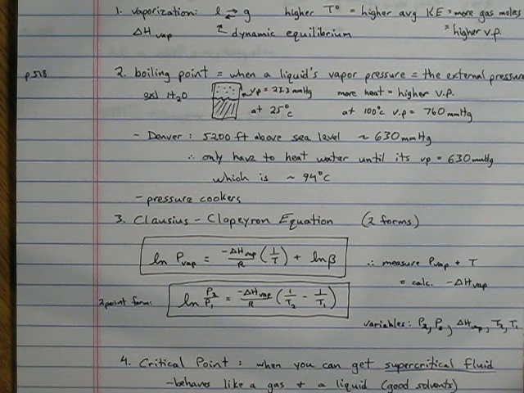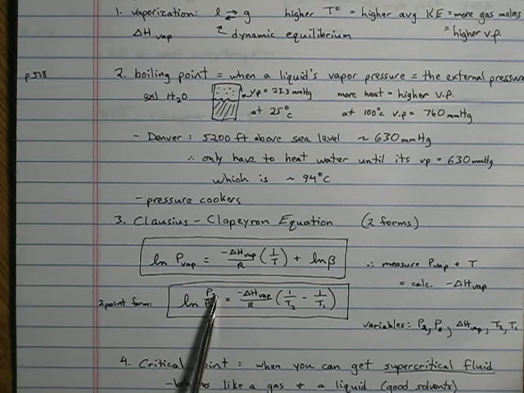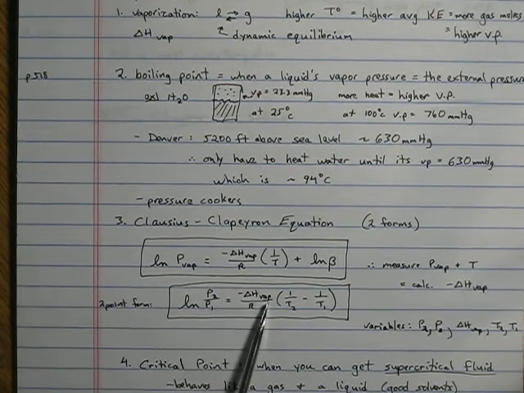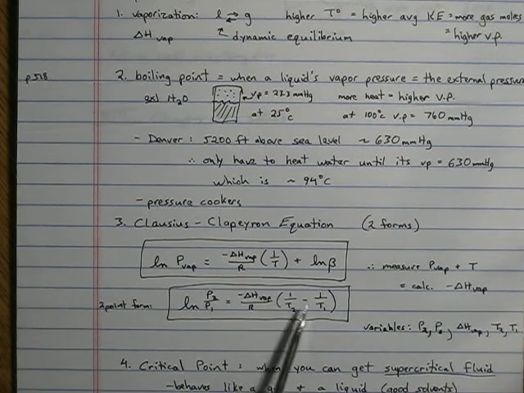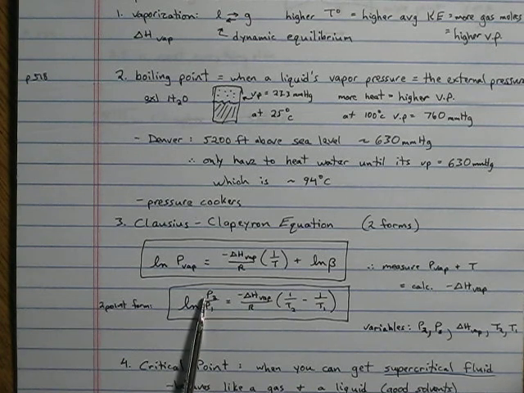This second equation down here does a good job of calculating that. The natural log of the pressure at time 2 divided by the pressure at time 1 equals negative delta H vaporization over R times 1 over T2 minus 1 over T1. And so that's another nice way of finding out new pressures if you change temperature.